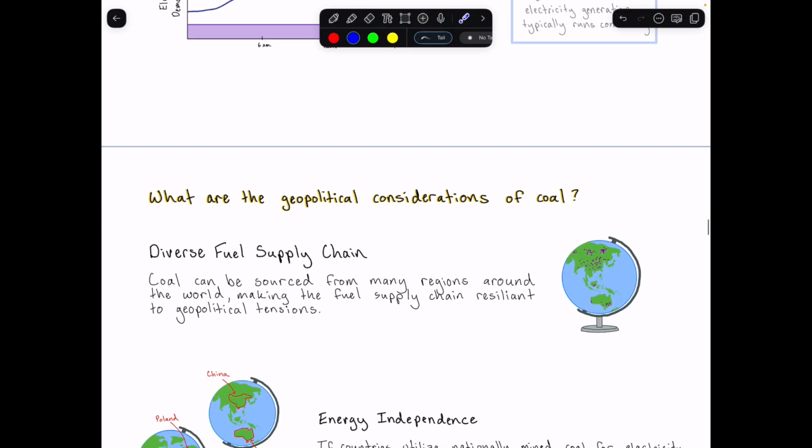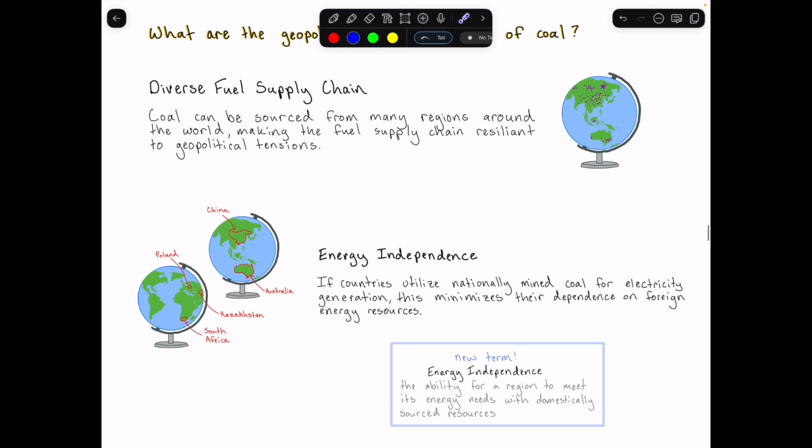Now, the second geopolitical consideration is what we call energy independence. And as I mentioned, coal is prevalent across the world. So there are many countries that have coal seams that they can mine from.